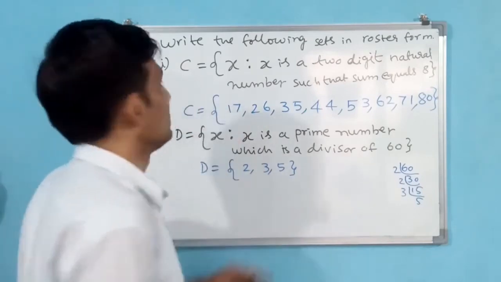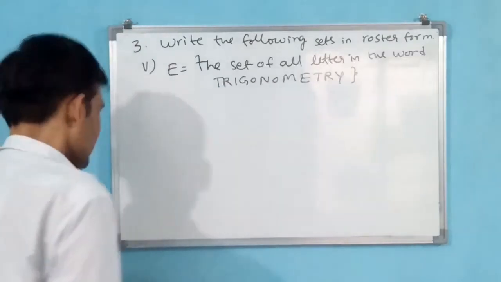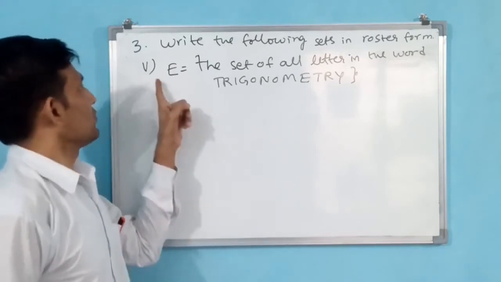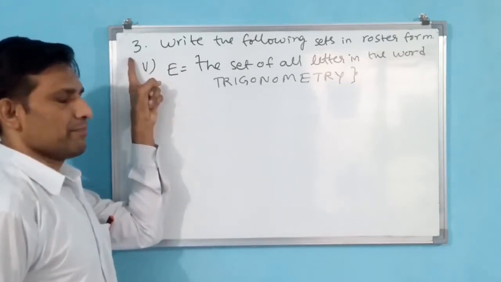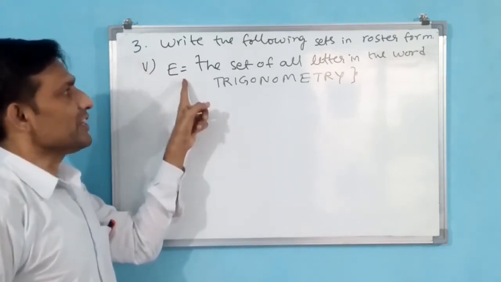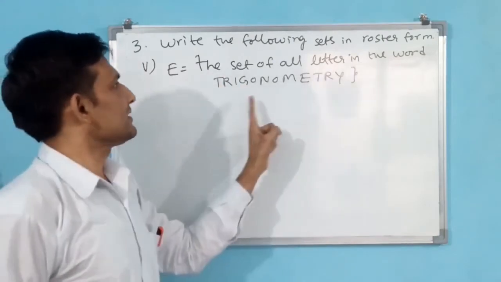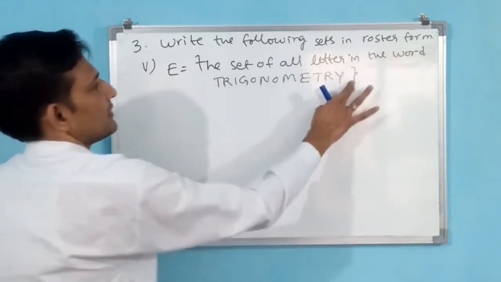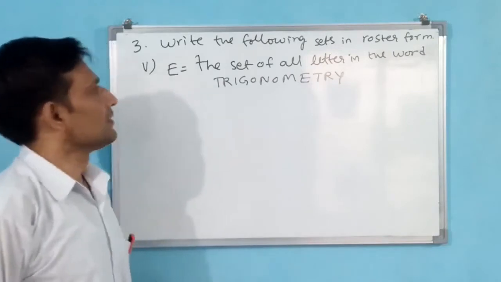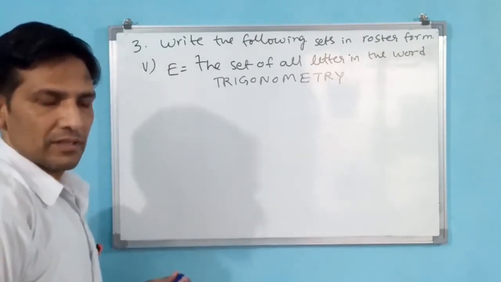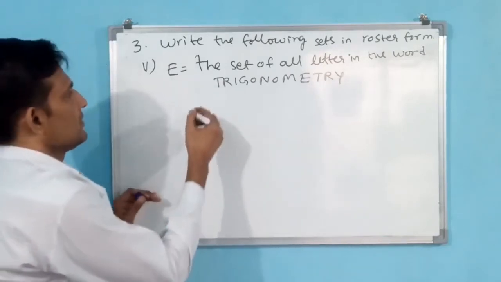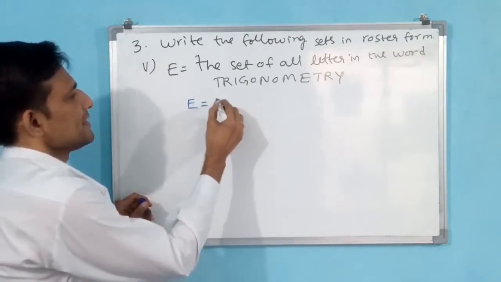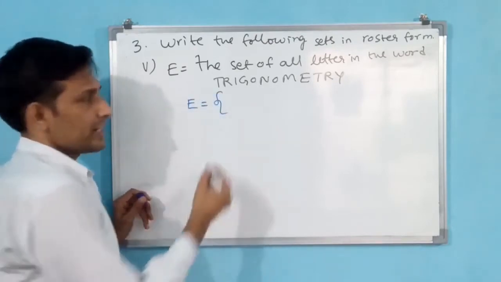We go for 5. See, part 5 of question 3. E is equal to the set of all letters in the word trigonometry. We have to write it in roster form. See, E is equal to trigonometry.